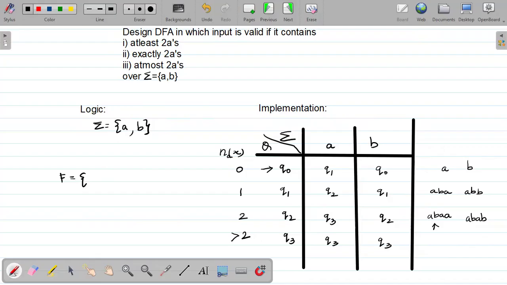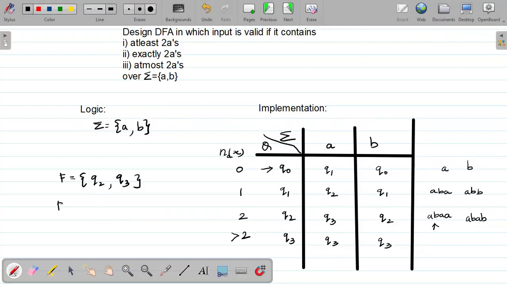At least means 2 or more, it will not be 0. So we can have Q2 and Q3 as the final states for our first subproblem: in Q2 there are at least 2 a's, in Q3 there are more than 2 a's.